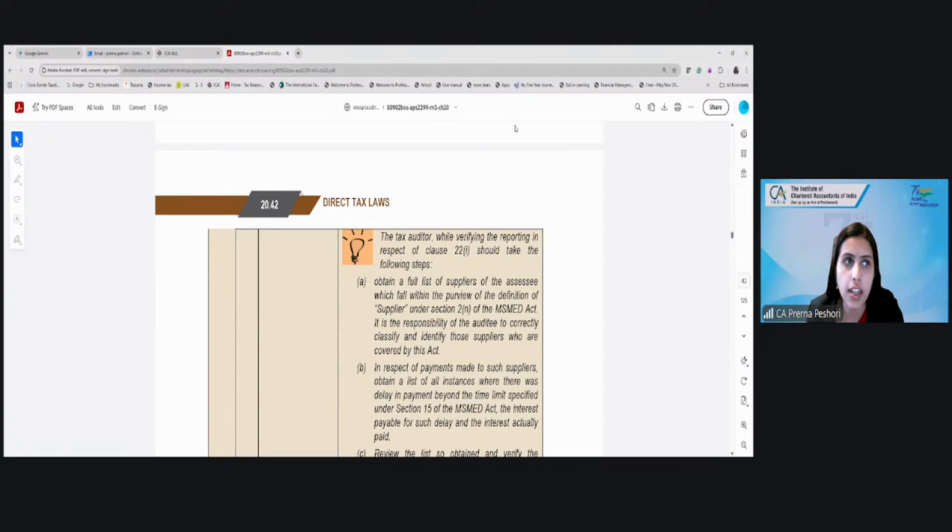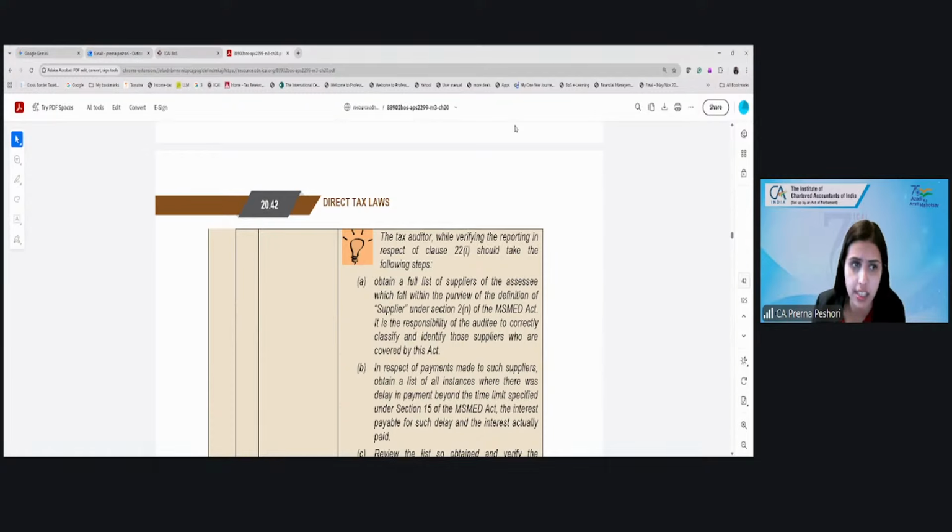It's not 75 lakh, isn't it? For profession, what is the limit? It's 50 lakh. Yes or no? It is 50 lakh, not 75 lakh. For business, it is 1 crore in case the cash receipts, cash payments are less than 5%.